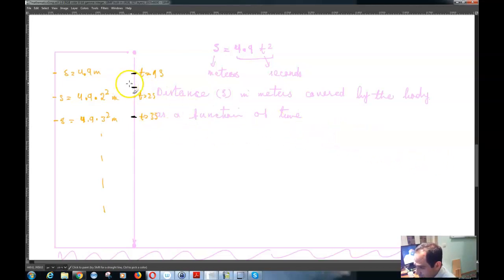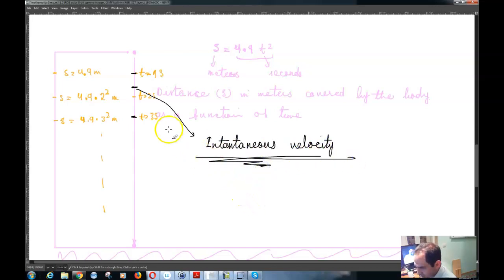So what I care about is some specific point in time, and I want to know the average velocity at that exact point in time, which I could call the instantaneous velocity.